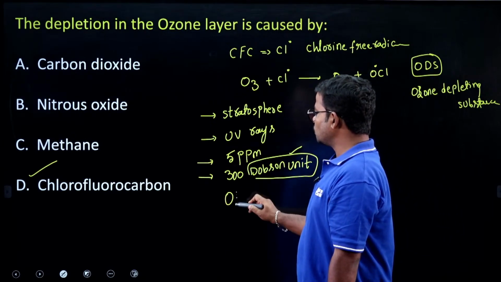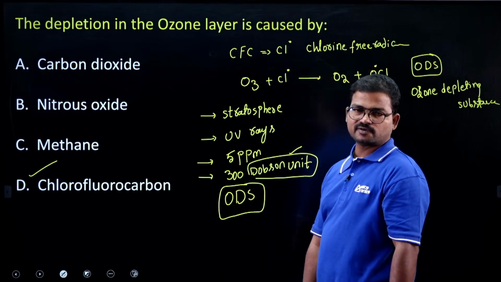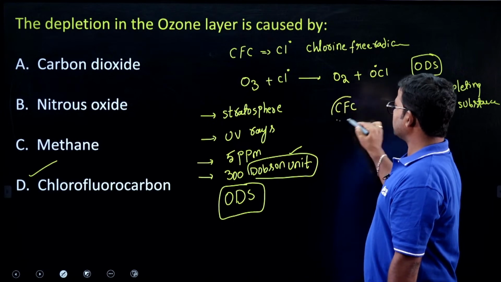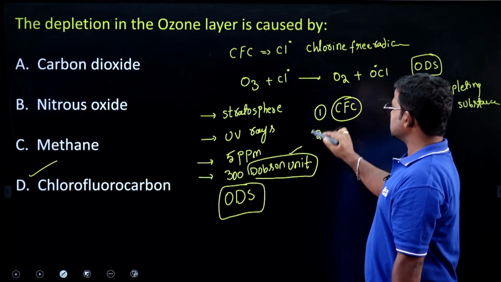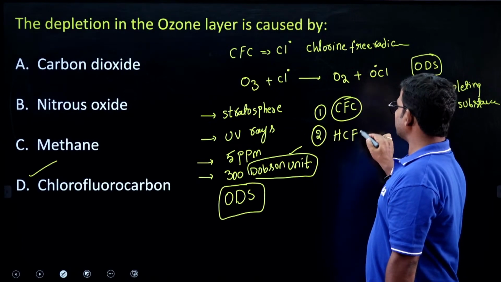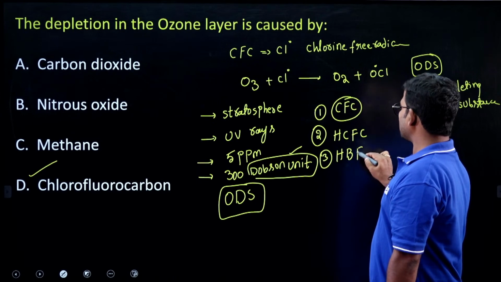And ODS, ozone depleting substances. What kinds of chemicals are responsible for ozone depletion? One of the major ones is CFC, chlorofluorocarbons, and the second is hydrochlorofluorocarbons. Third is hydrobromofluorocarbons.